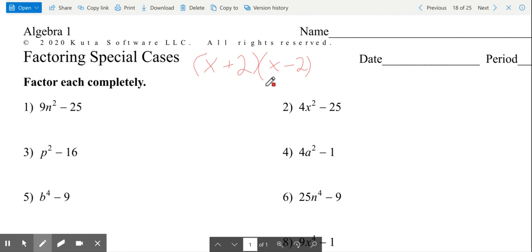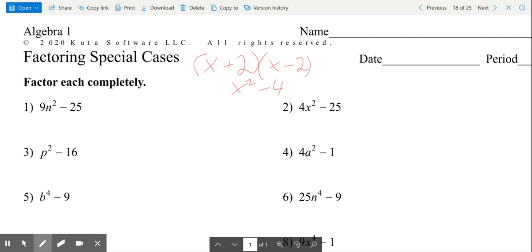Negative 2x plus 2x is 0, so that middle term cancels. And then we had 2 times negative 2 is negative 4, so this would have been x squared minus 4.